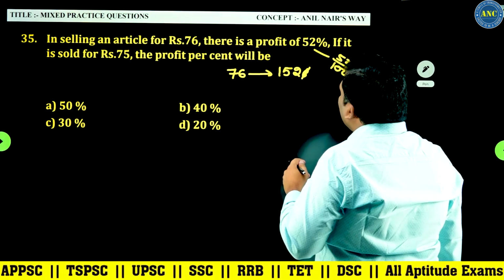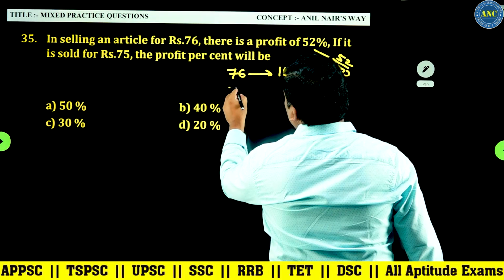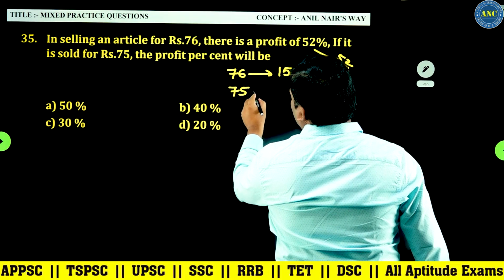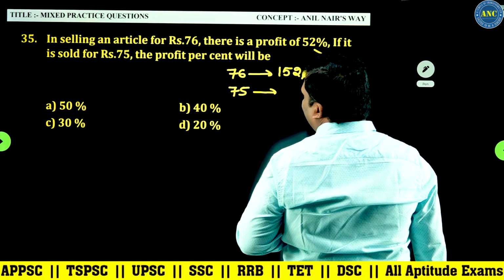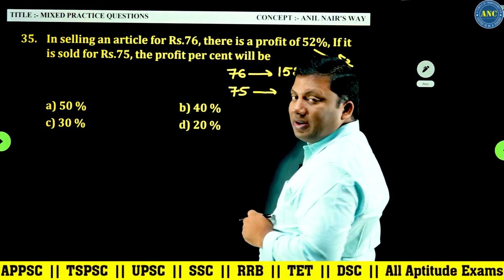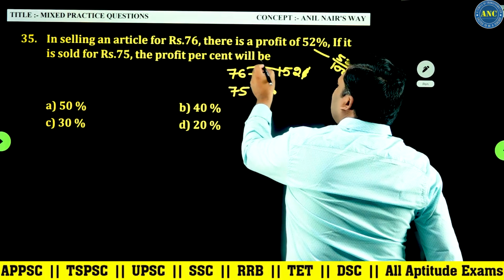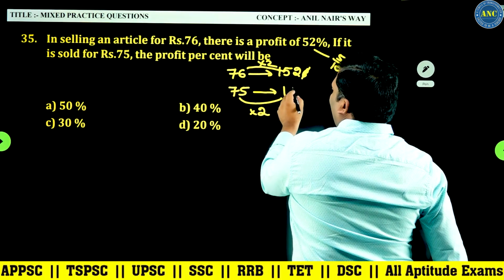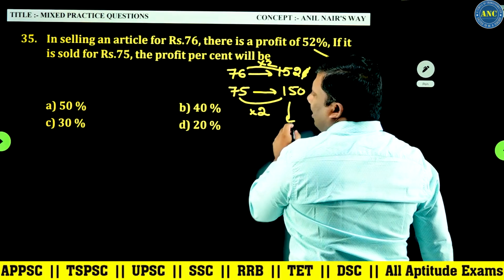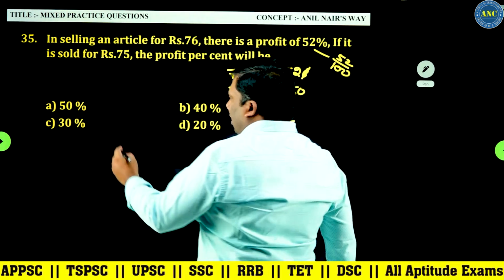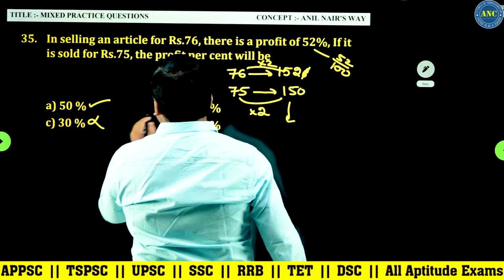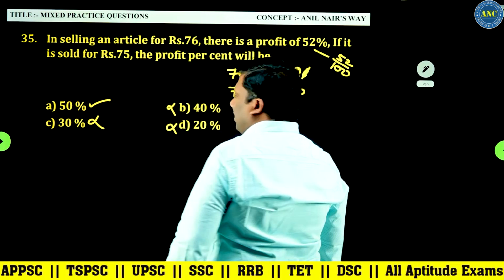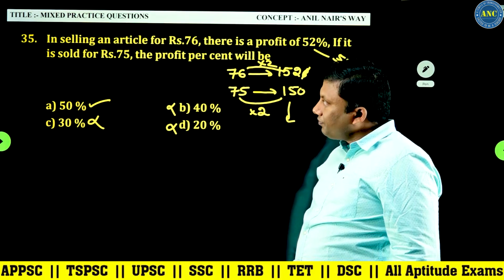That means if it is sold for 75, what will be the profit percentage? 76 twos are 152, 75 twos are 150. On 150, that means profit percentage will be 50.